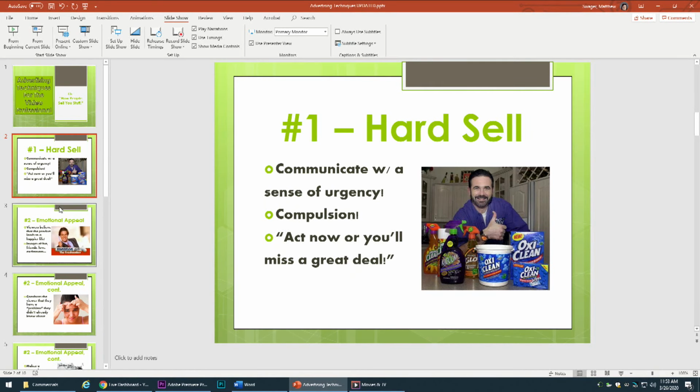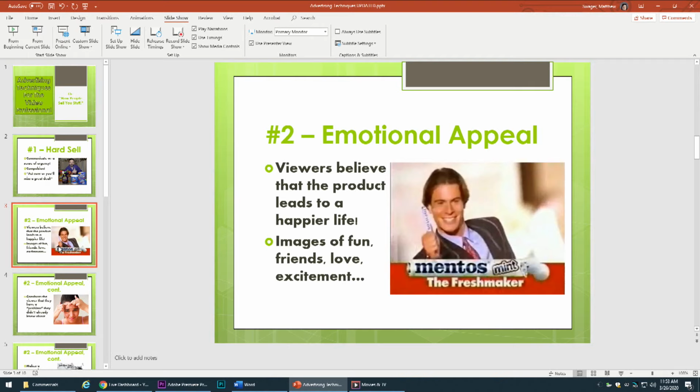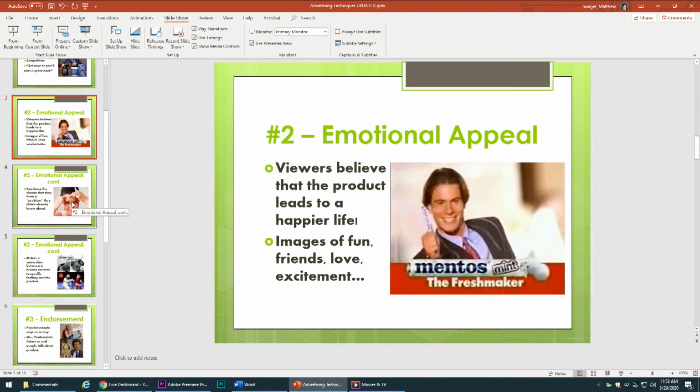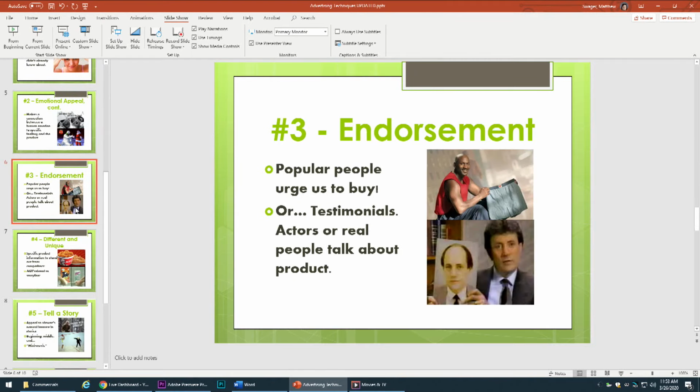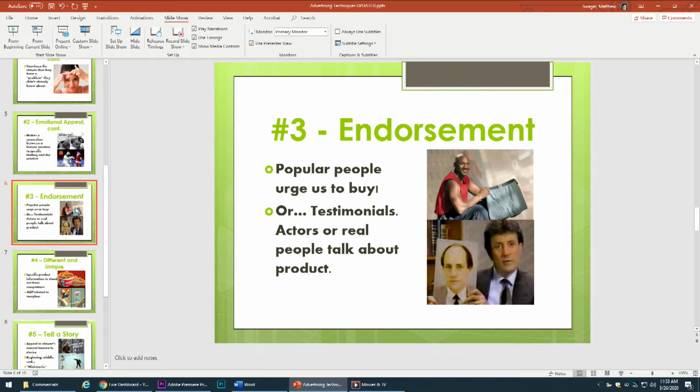So again, going back to our advertising techniques. Hard sell, how aggressive it is. I would say that's a hard sell. Emotional. It is really trying to make you see the kids are having fun. Endorsement by the kids, again, because they're the ones playing with it. Different and unique.